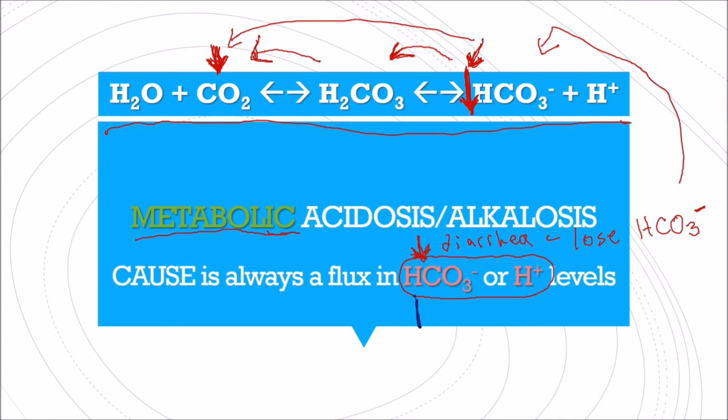If your bicarb levels go up too much, or actually what would happen is, it's not that your bicarb levels would go up, it's that your hydrogen ions would go down too much. So by comparison, your bicarb levels would be too high. If your hydrogen ion levels go down, that would be if you are vomiting.